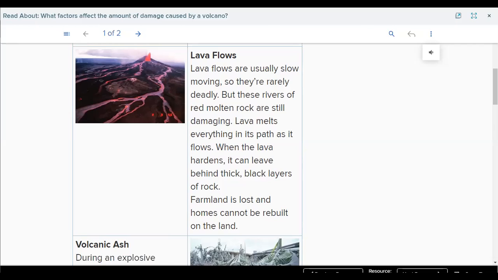Lava melts everything because it consists of igneous rocks produced from inside the volcano, so it will melt everything in its path as it flows. When the lava hardens, it can leave behind thick black layers of rock.